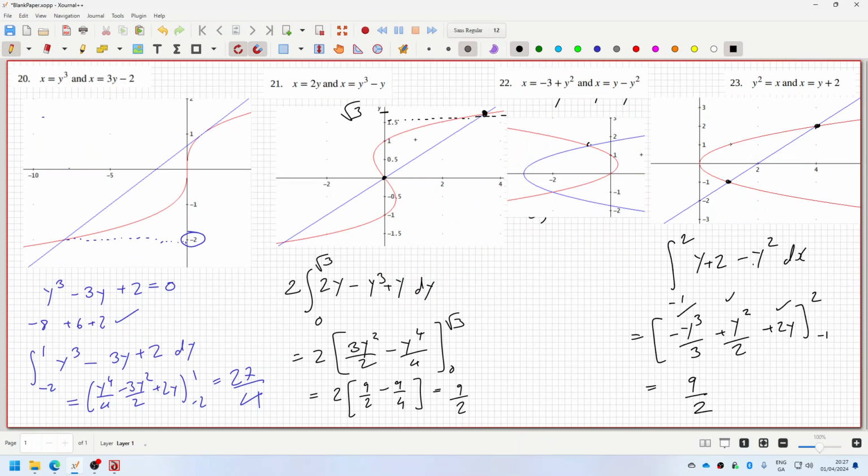So I need this point, and it's going to be the integration of the red curve minus the blue, although it doesn't matter, just flip the sign if you did it the wrong way around. So that's y minus y squared plus 3 minus y squared dy.